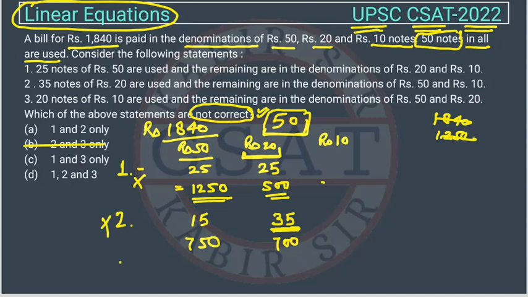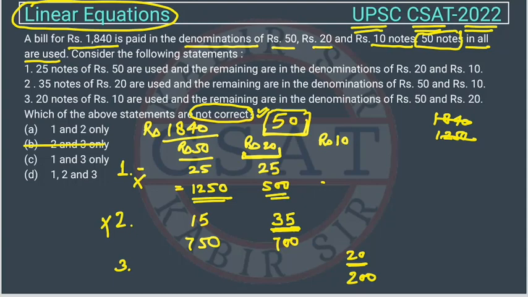Now we will check the third one. In the third one, 20 notes are of rupee 10. So this will be equal to 200. And the remaining are in the denomination of 50 and 20. The remaining are 30.